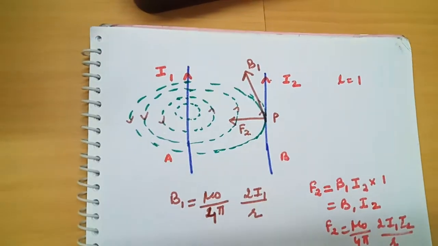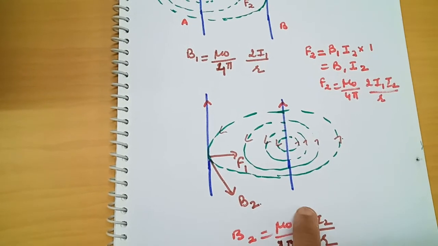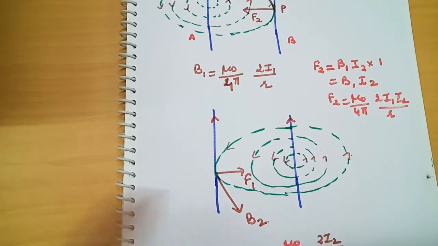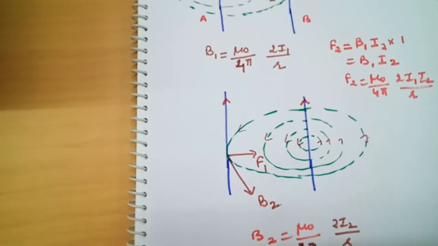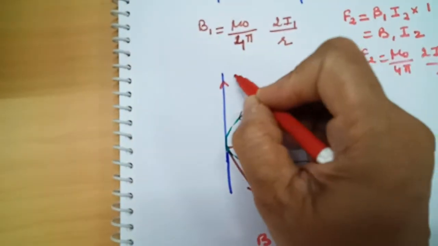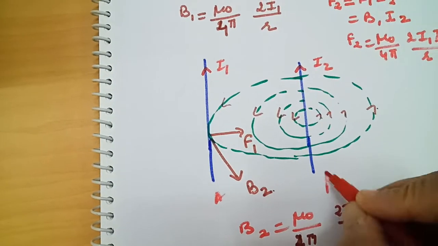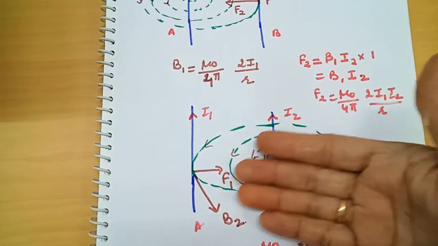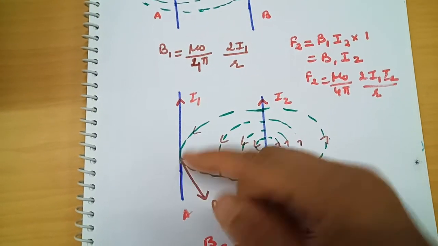Clear? Now similarly, here this is the conductor A and this is the conductor B. The current flowing in this direction is I2, and this is the current I1. So you will apply the right hand rule and find the magnetic field at any point on this conductor.